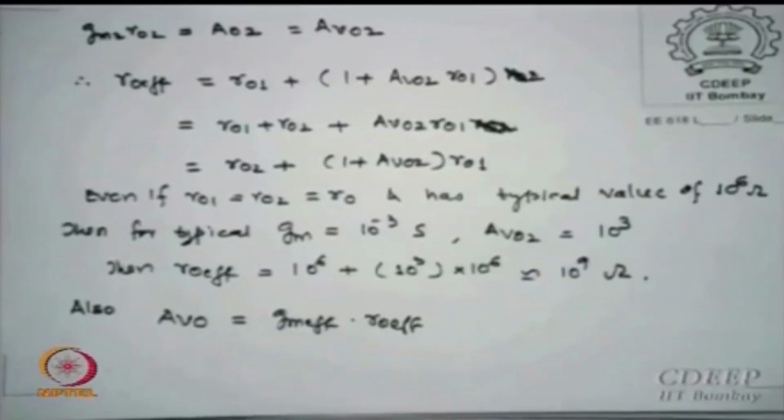Now we were making a statement that if I would have done a cascade, what would have been the gain? Instead of putting cascode, let us say AV1 is the gain of first stage, AV2 is the gain of second stage, and they are equal, then it will be AV square, is that correct?